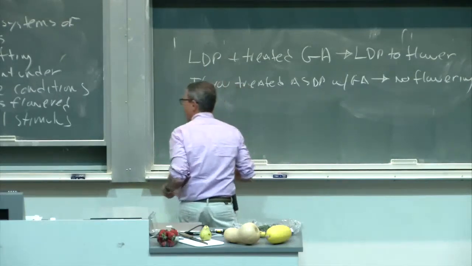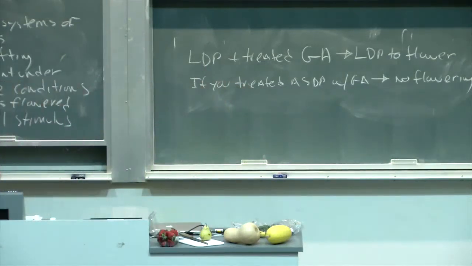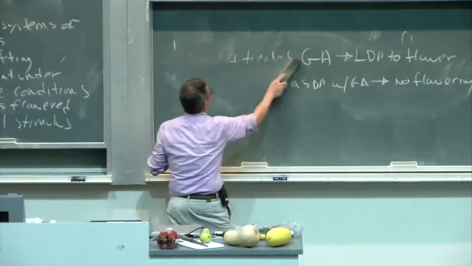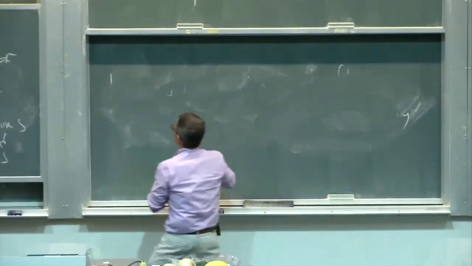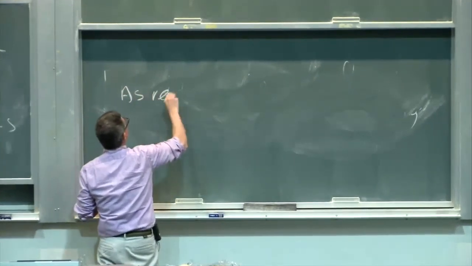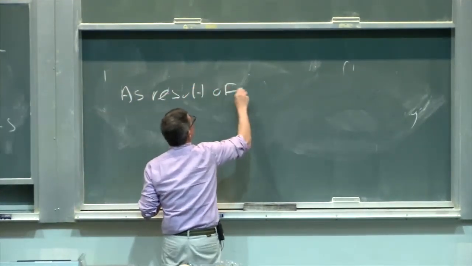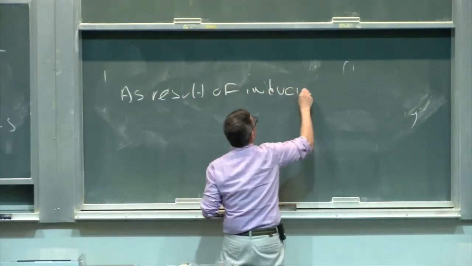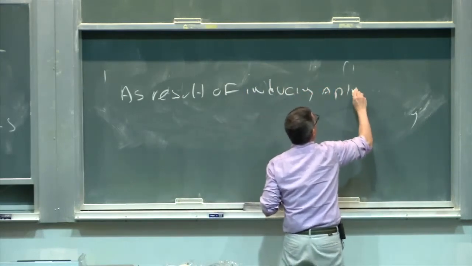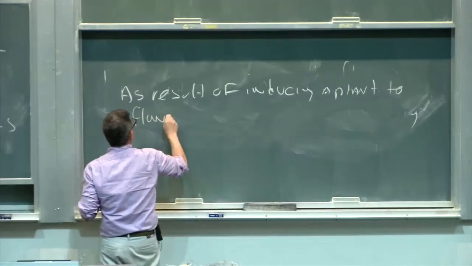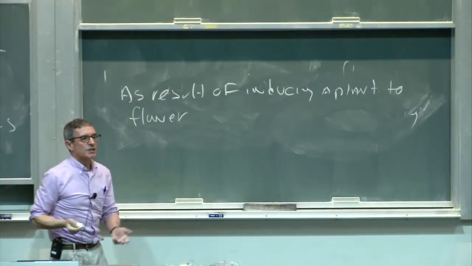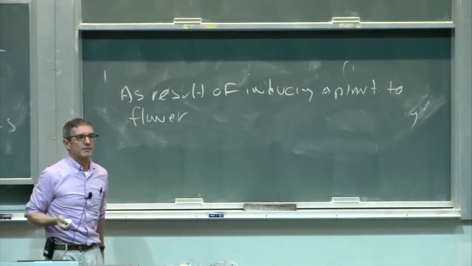And it is now believed that as a result of inducing a plant to flower, a protein is released from the leaf. We have identified this protein.